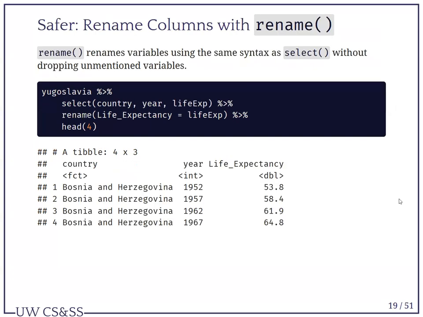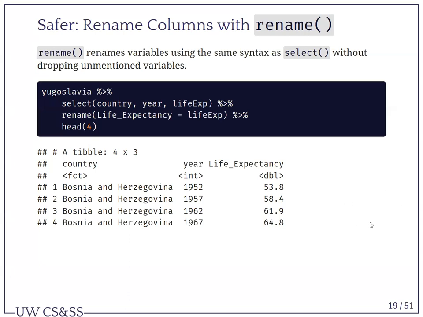This is a little bit dangerous. One thing I would recommend instead is to use the rename function. Rename does what it sounds like. It renames variables using the same syntax as select, but it does not drop unmentioned variables. And so typically what we want to do is keep all the data that we may possibly use up until the point we don't need them anymore.